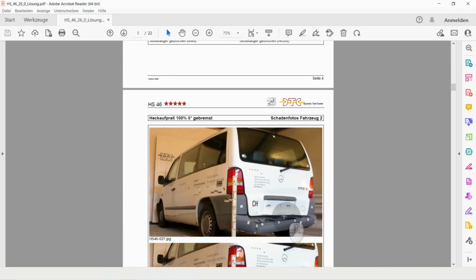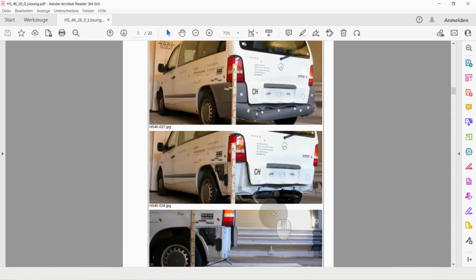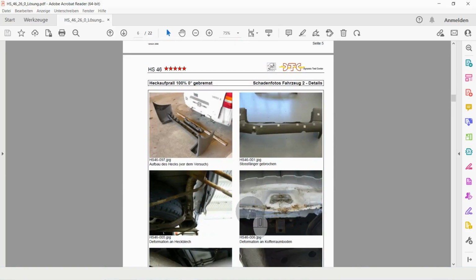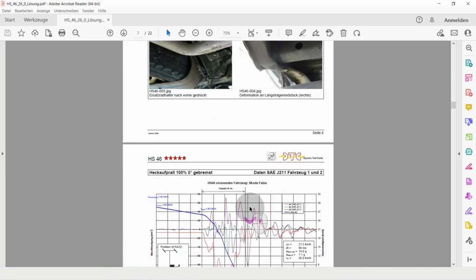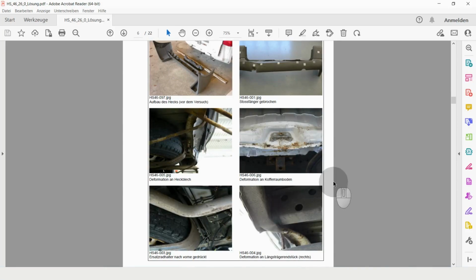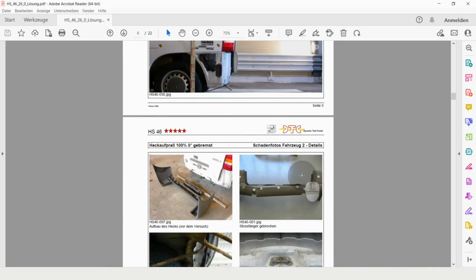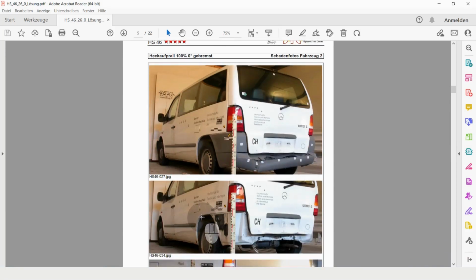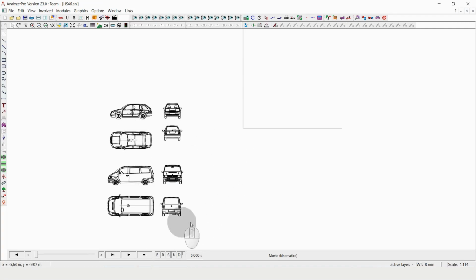And for the Vito, we can see here a few metal parts bent in. And we want to check how we can deal with that now with Analyzer. So I'm opening Analyzer. I have prepared a few DXF of the vehicles.